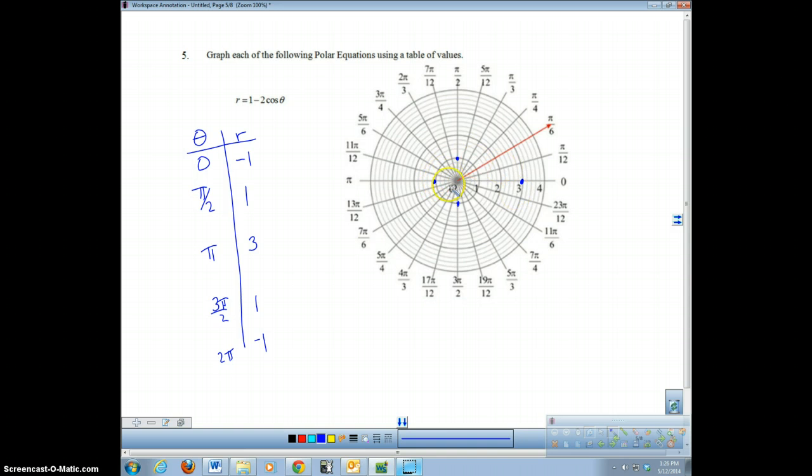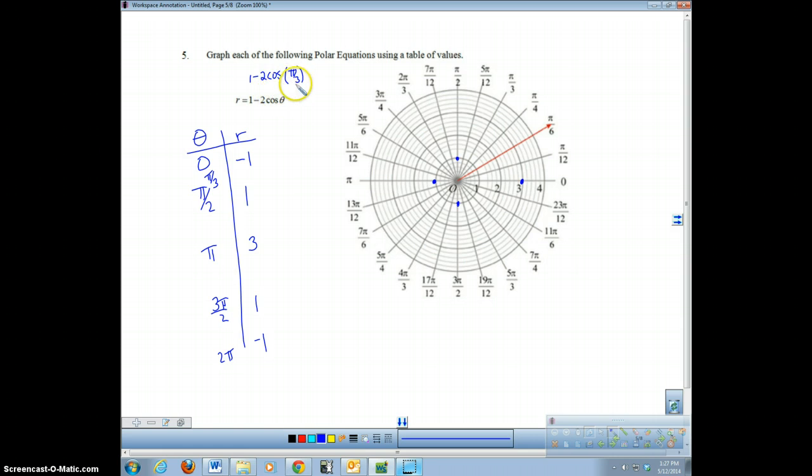Now, this is going to be a limacon, and I know that because of the way it looks in its equation. But since I have this thing out here, it's probably going to do some sort of loop. So I'm probably missing something here. I think if I used pi over 3 in here, I would get 1 minus 2 times the cosine of pi over 3.